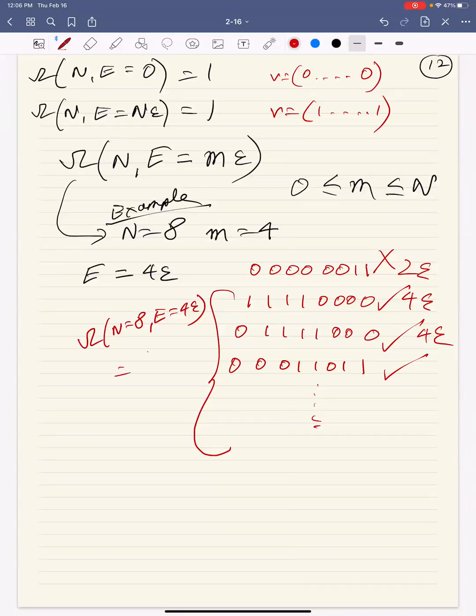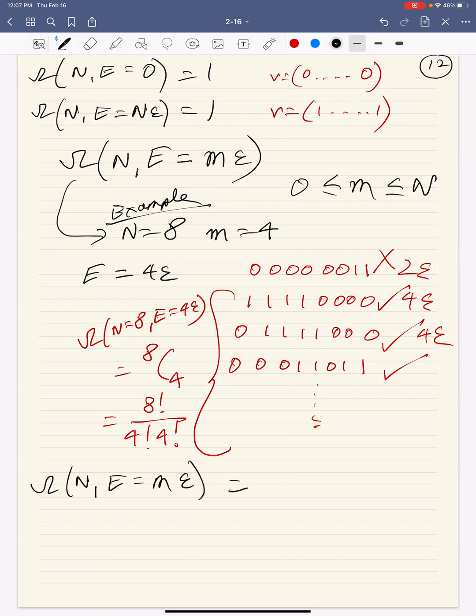So this is 8C4. What is the value of that? 8 factorial divided by 4 factorial divided by 4 factorial. If this makes sense, then the general problem is trivial. Therefore, omega of N, E equal to M epsilon is N choose M, or N factorial divided by M factorial divided by (N minus M) factorial.